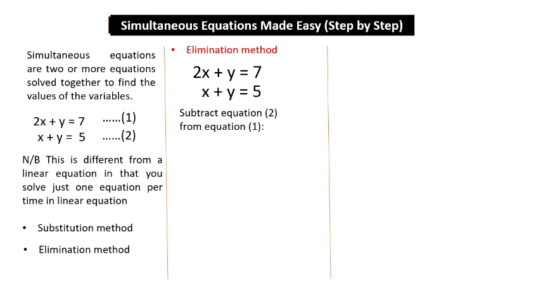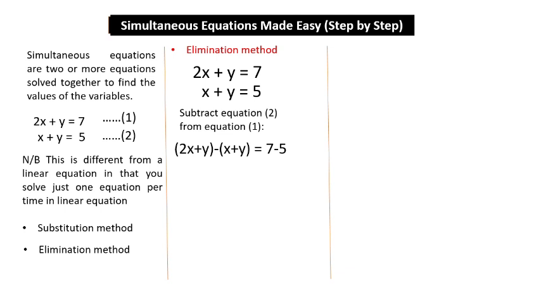In equation 1, the left side is 2x plus y, and we subtract from it the left side of equation 2, which is x plus y, equals the right sides subtracted, which is 7 minus 5.